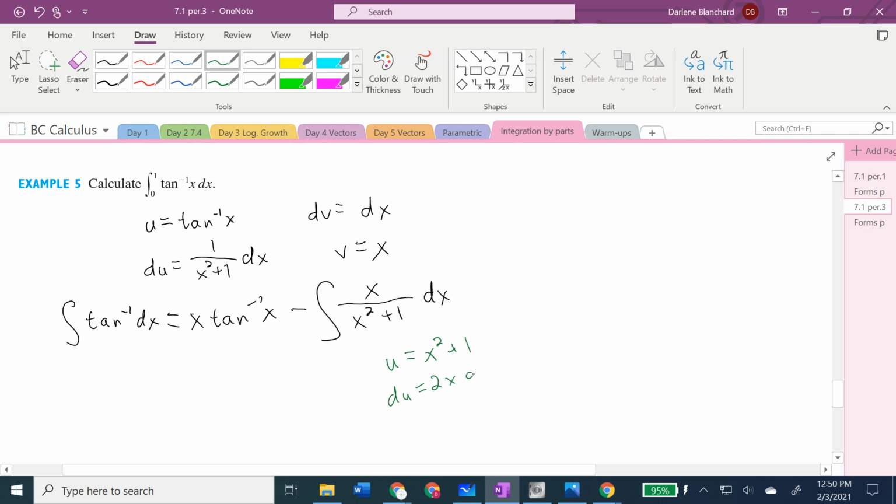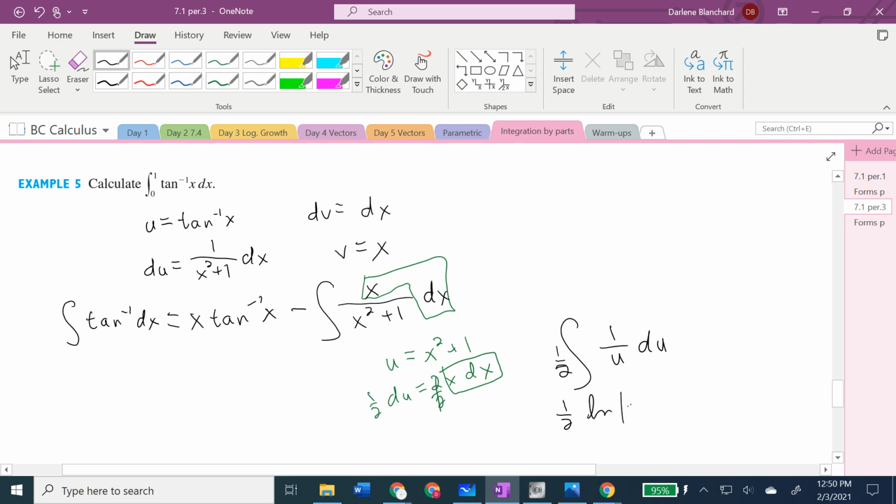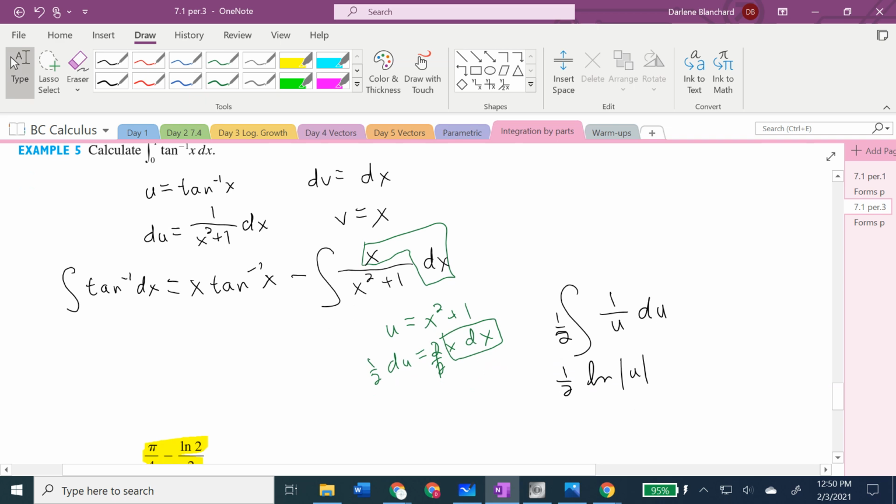So, doing my little u substitution, I can replace my x times dx with 1/2 du. And now it is the integral of 1 over u times 1/2 du, which is then 1/2 natural log of absolute u, and u was x squared plus 1, so I don't actually need those absolute values.